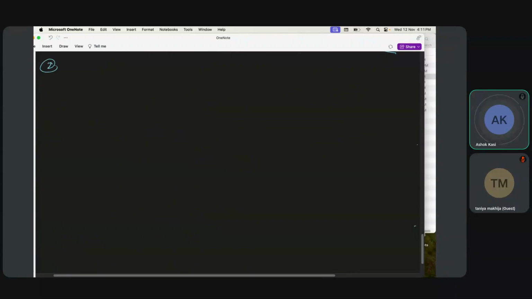Second question. Again, equity method of accounting.